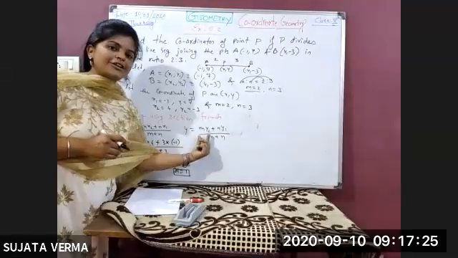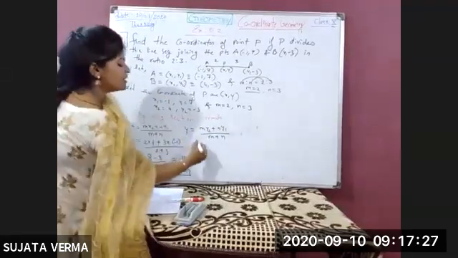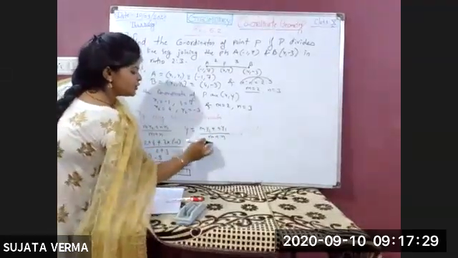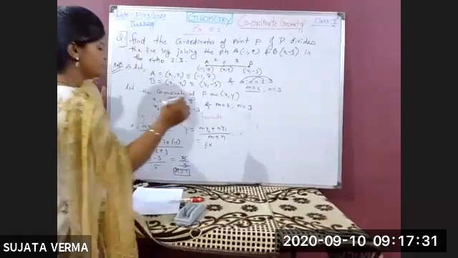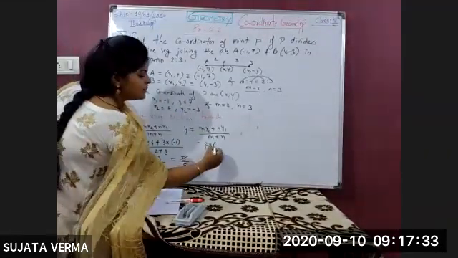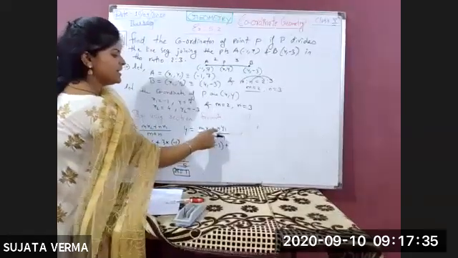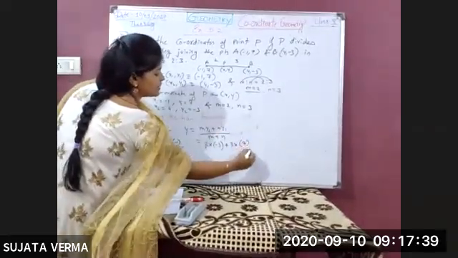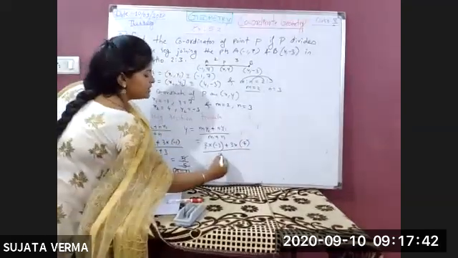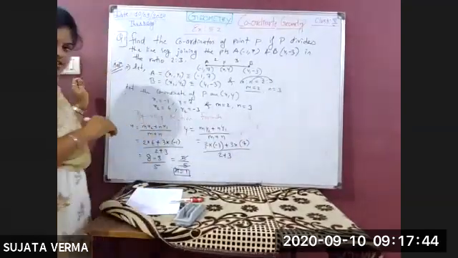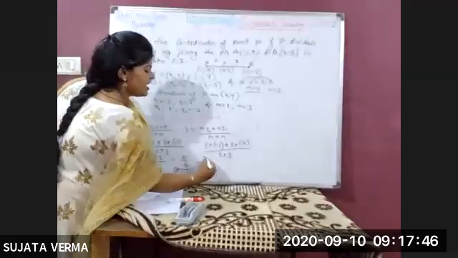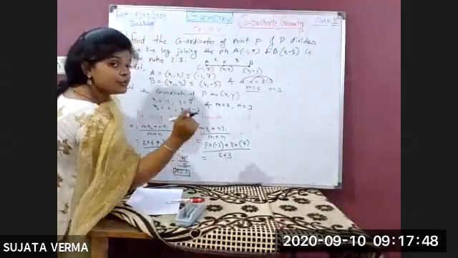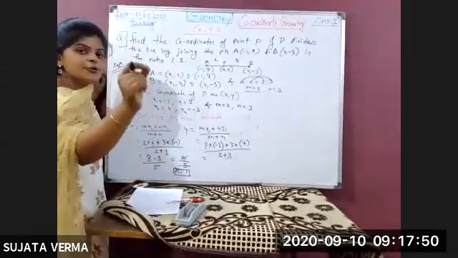Similarly, we can also calculate the y coordinate. m is 2, y2 is equal to minus 3, plus n equal to 3, y1 is equal to 7, divided by 2 plus 3. Now, 2 into minus 3.